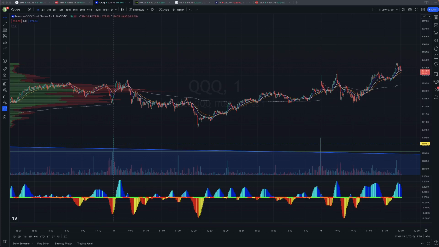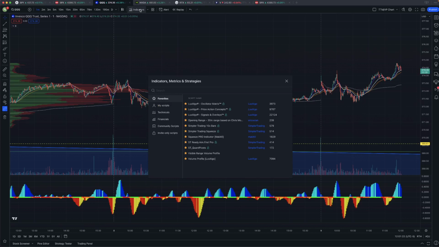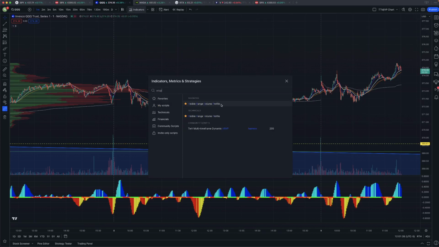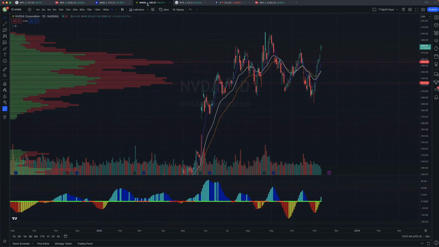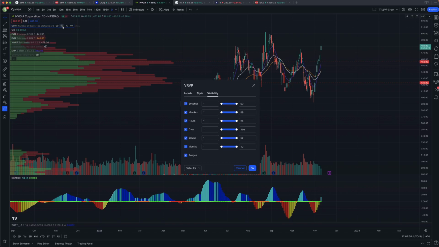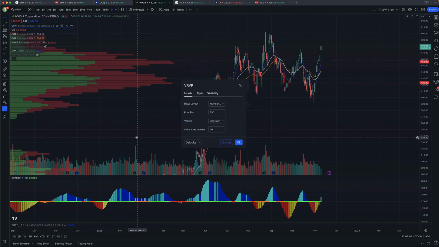The volume by price on your charts, if you go up here to the indicators and you just type VRVP, it's visible range volume profile. And what that looks like when you get it on there, here are my settings.